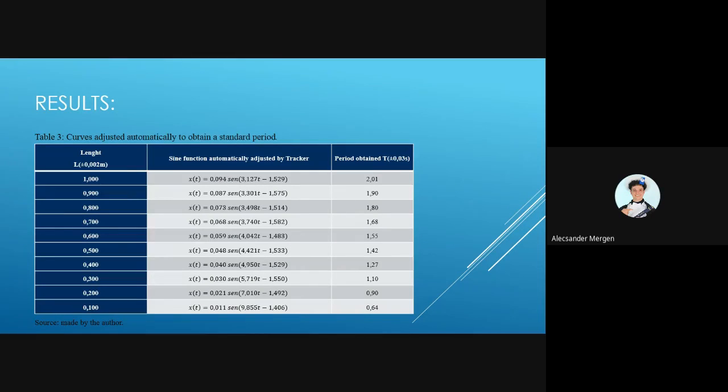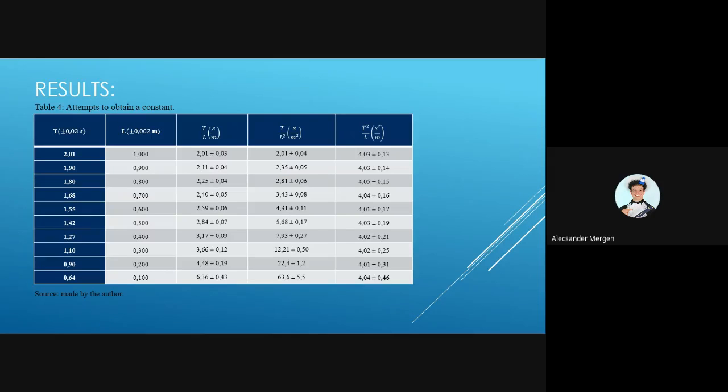Then we performed more measurements, keeping a fixed amplitude and varying the length from 10 centimeters to 1 meter, to get a period for each length. The software automatically adjusts a curve to the measured points, containing the following results, which are the length and period data.